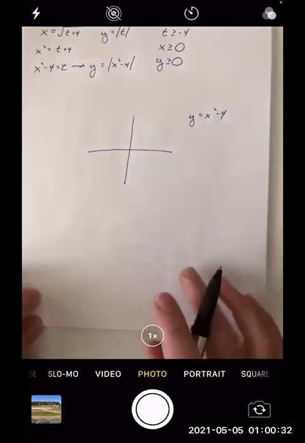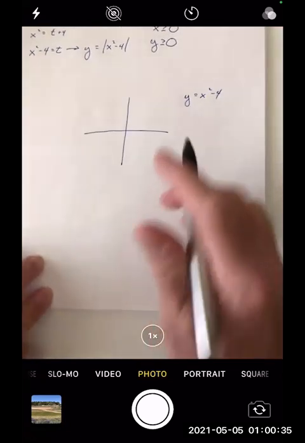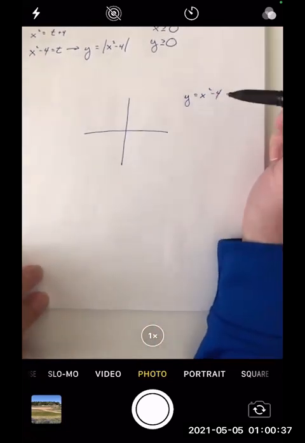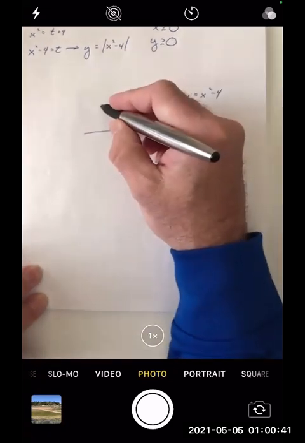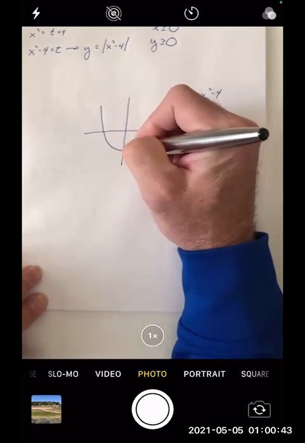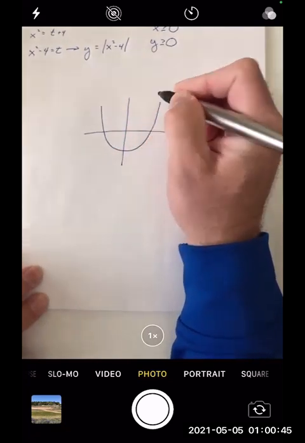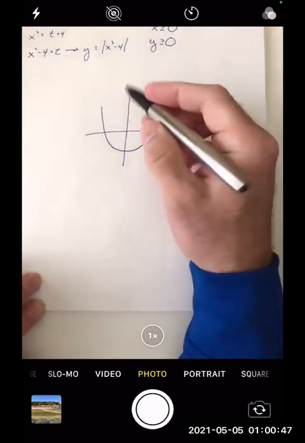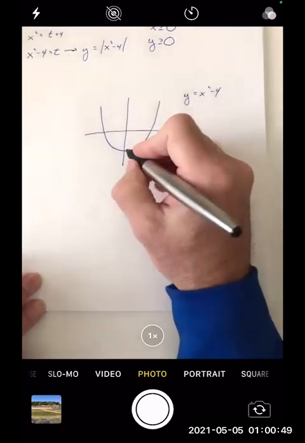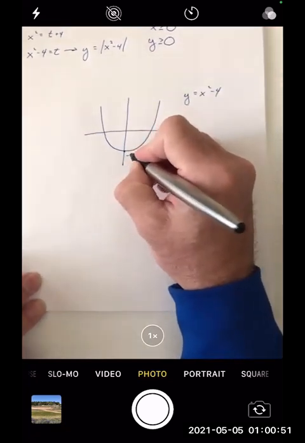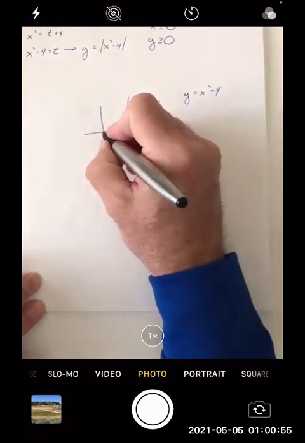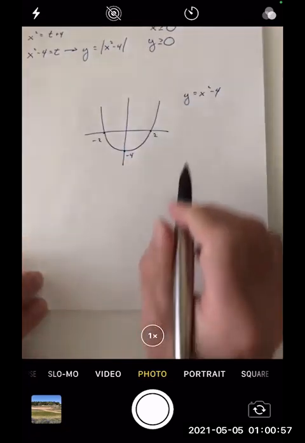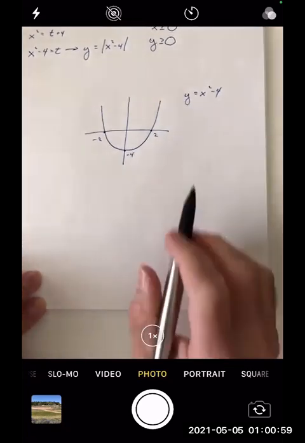Where's the vertex? 0, -4. So it's just your regular happy face parabola that got shifted down by 4. Your intercepts would be -2 and 2. Okay, so that's just the x squared minus 4.